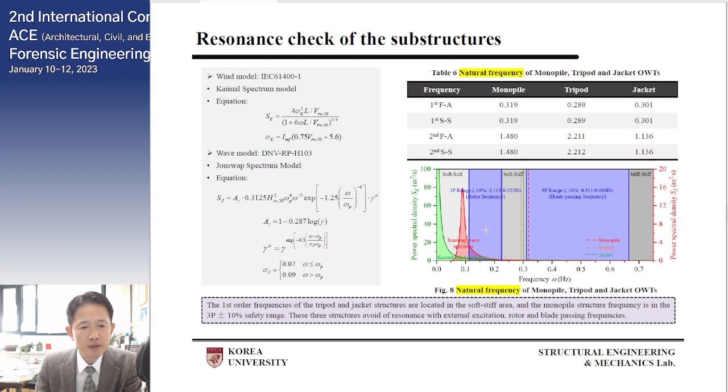At the same time, we should avoid the rotor frequency and 3 times the rotor frequency too, because of blade passing frequency. When you consider all these cases for the monopile, tripod and jacket, the problems that we consider in this study are all safe from the resonance check.